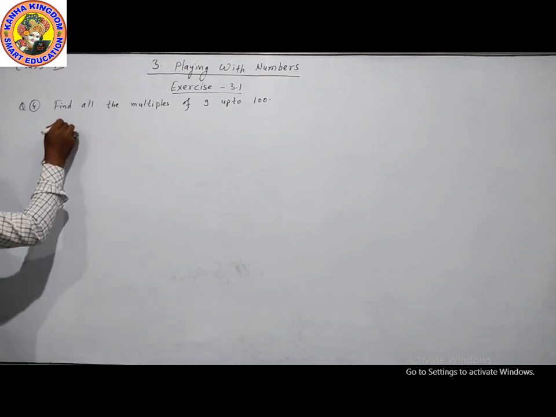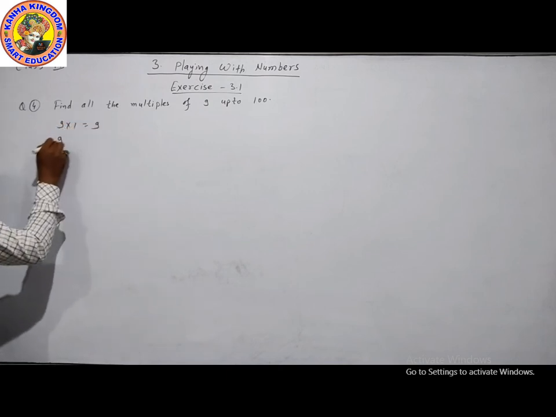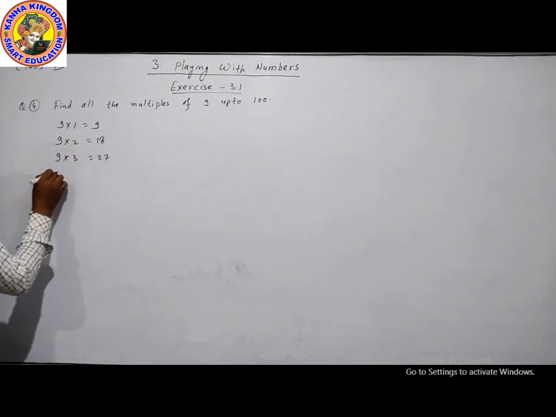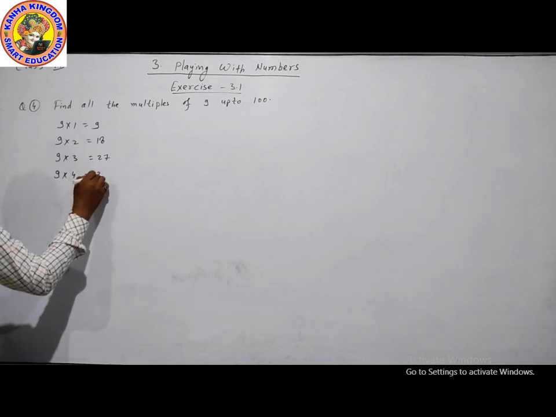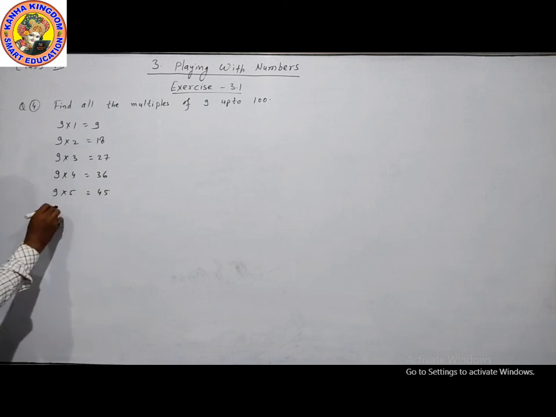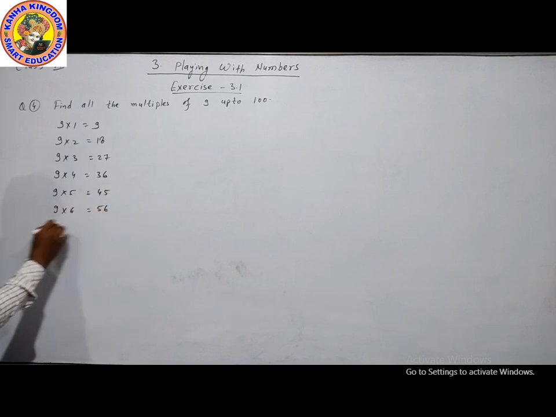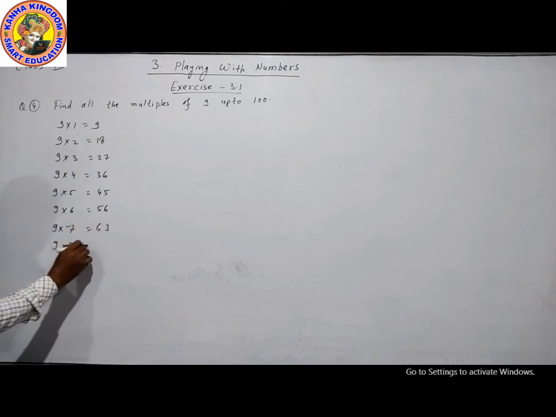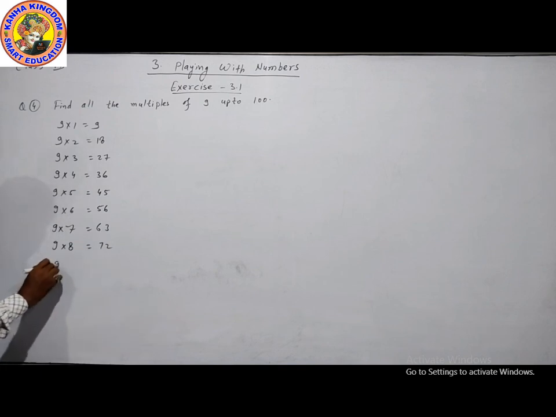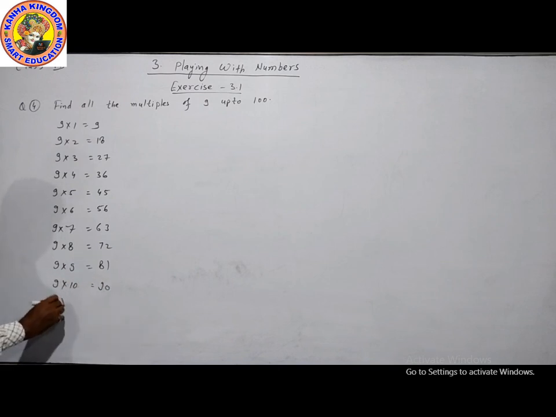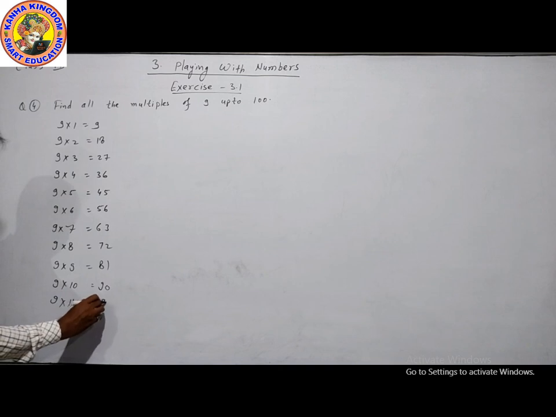So 9 into 1 is 9, 9 into 2 is 18, 9 into 3 is 27, 9 into 4 is 36, 9 into 5 is 45, 9 6s are 56, 9 7s are 63, 9 8s are 72, 9 9s are 81, 9 10s are 90, 9 into 11 is 99.